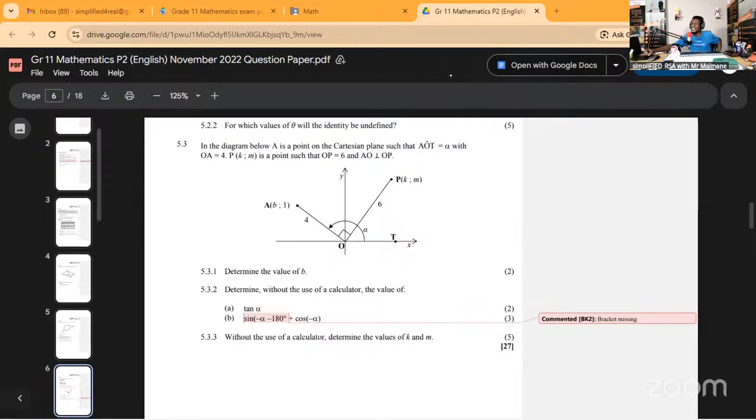I can open and say, what if I said R in that regard is equal to 6, which is equal to OP? Do you guys agree? Would you agree if I said that?